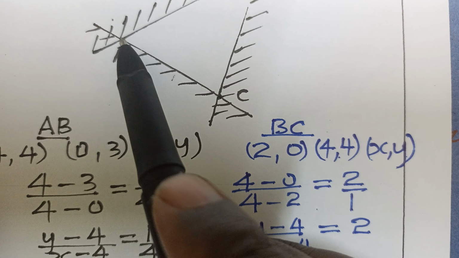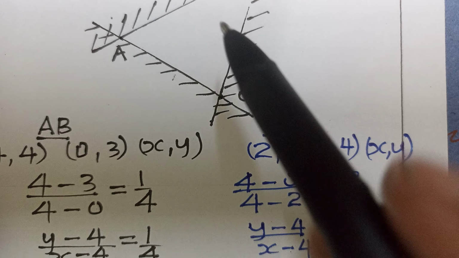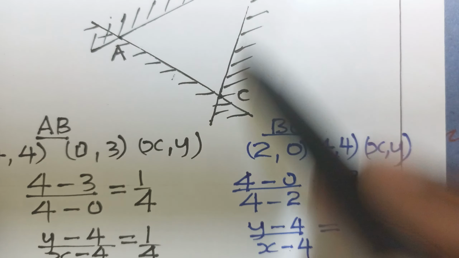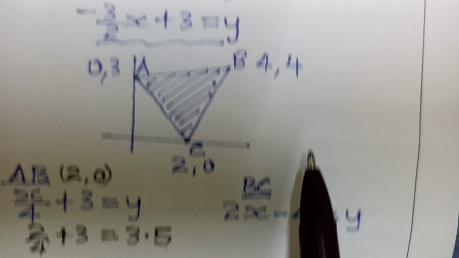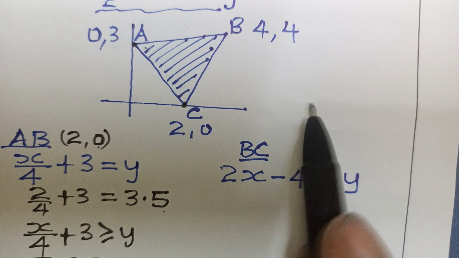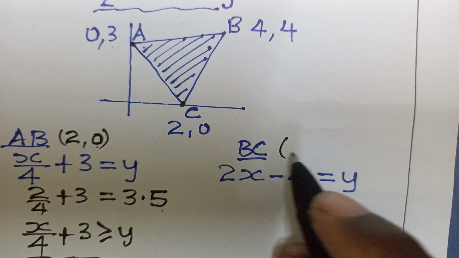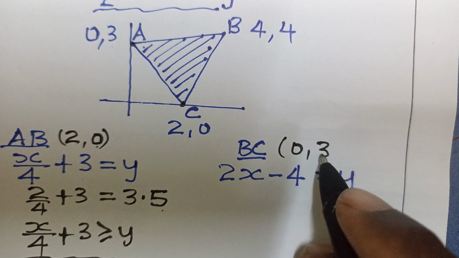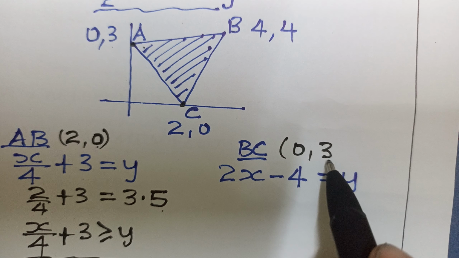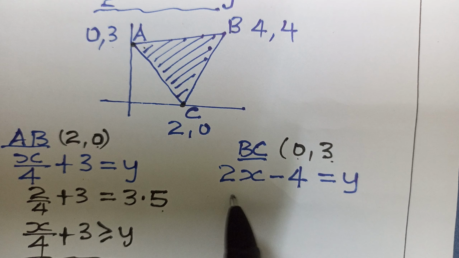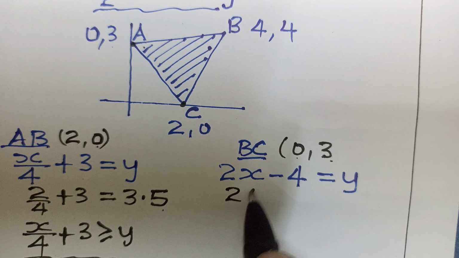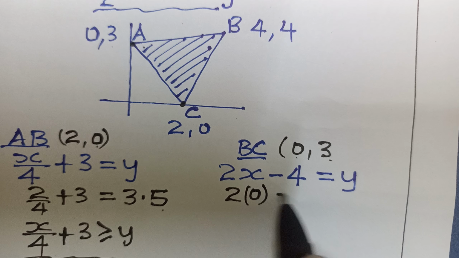And this is the point, point A. As long as that point is not on this line, we take this point, and that point is actually here. That is 0, 3. So we have 0, 3. Guys, our real value here is 3. So I come now and put 0 on this equation, so I put it like that, minus 4.